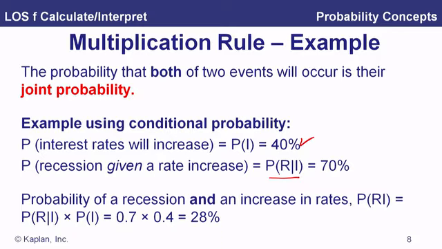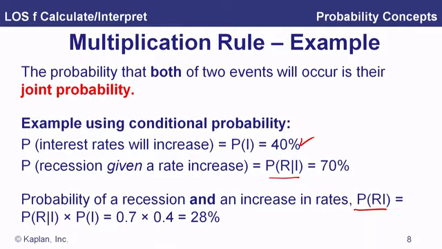So to get the probability of an interest rate increase and a recession, we multiply those two together and get 28%. So 28% is the probability that both will occur. And the intuition here is just that, well, the probability of an increase is 40%. If there's an increase, 70% of that time we'll have a recession. So 70% of 40% is 28%.